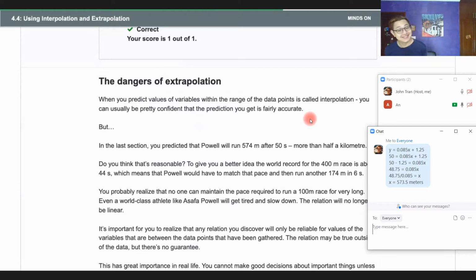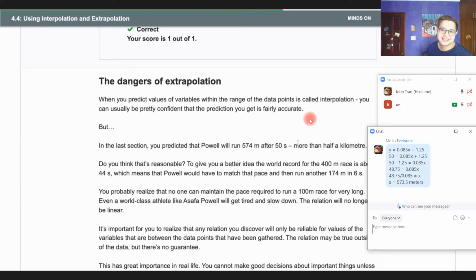But in the last section, you predicted that Po will run 574 meters after 50 seconds, more than half a kilometer. Okay, that's what we think according to the theory. Do you think that's reasonable?